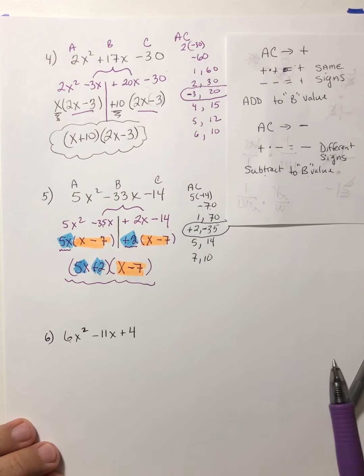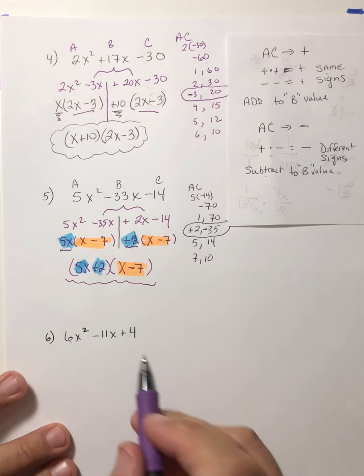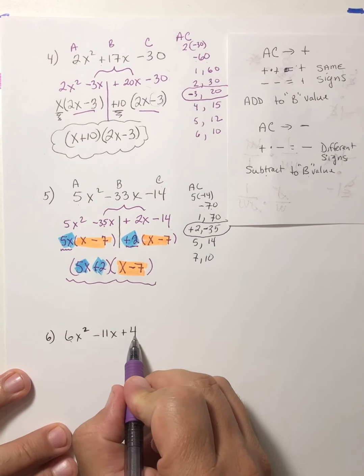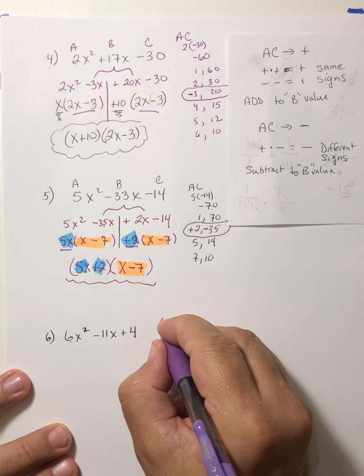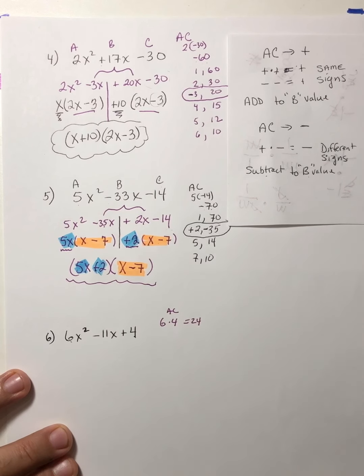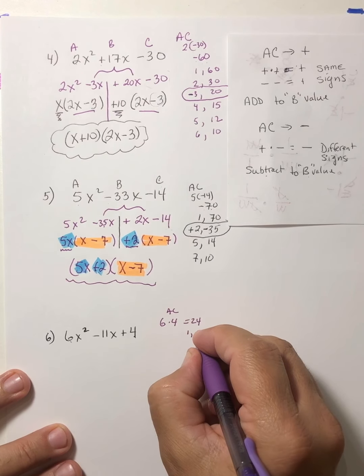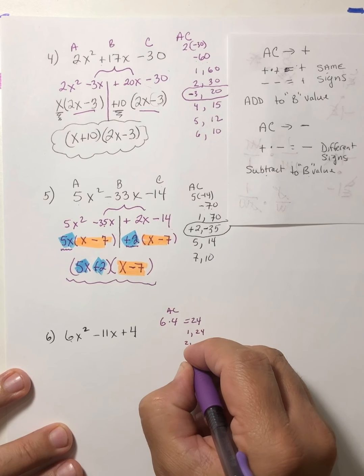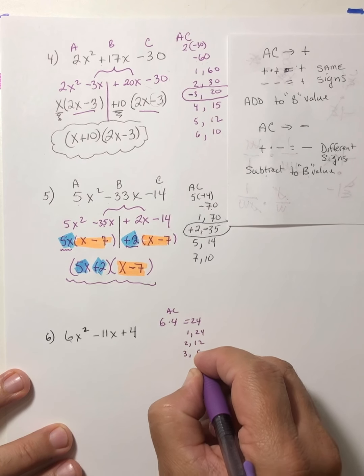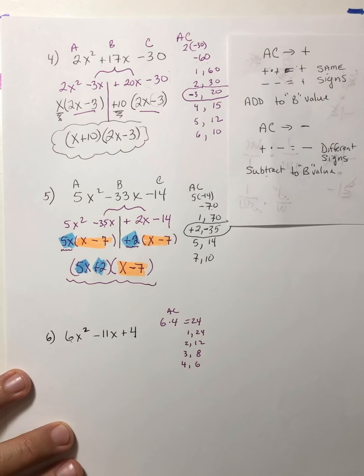All right, the last one. Here's your A, there's your C, that's right. So we have 6 times 4 for the AC, which is 24. All your factors of 24: 1 and 24, 2 and 12, 3 and 8, 4 and 6. And we have them all.